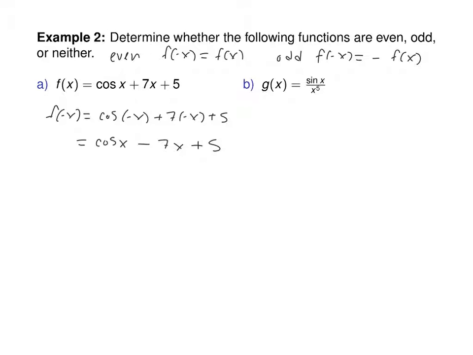No. Is it opposite the original function? No. So that makes it neither. You're either even, odd, or neither. Those are three distinct sets that together make all functions. You okay with that?